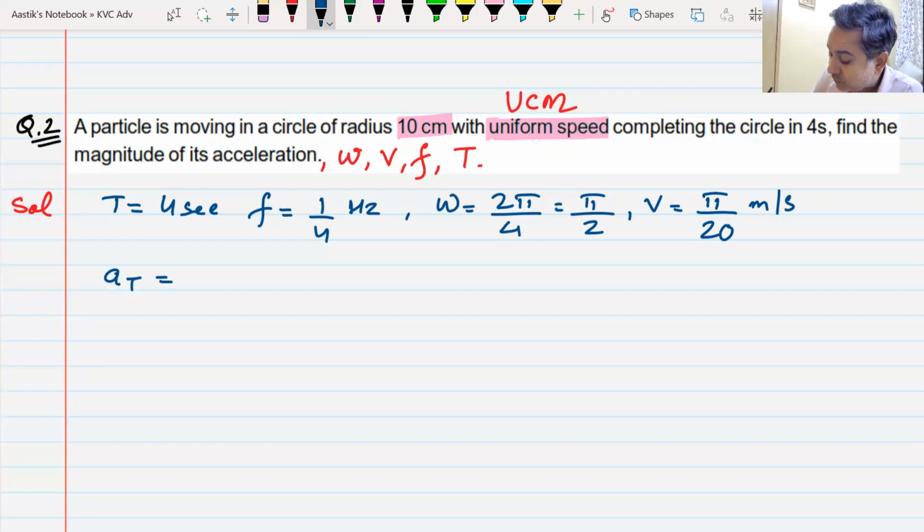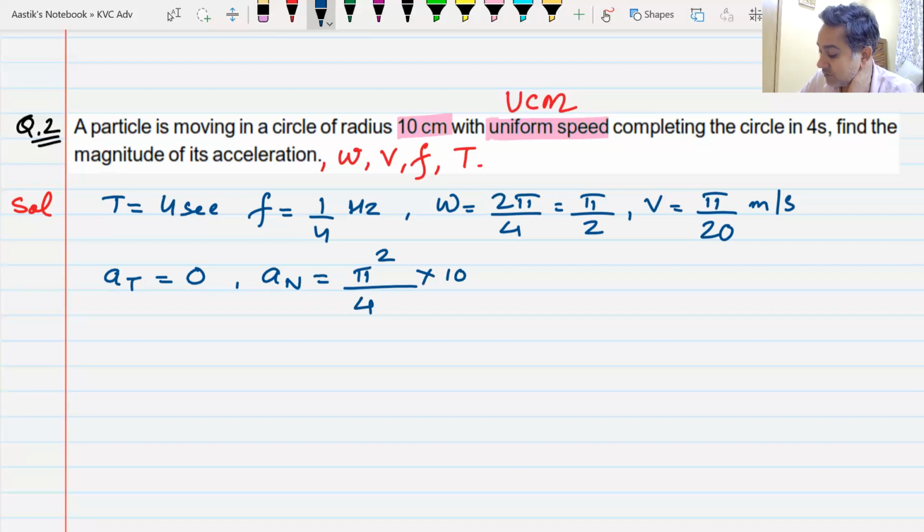Then you can find out its tangential acceleration. It is moving with uniform speed, so tangential acceleration is 0. Then you can find out its centripetal or normal acceleration. How much is that? Pi square by 40, sir. It is omega square into r. So omega square is pi square by 4, into r which is 10 by 100.